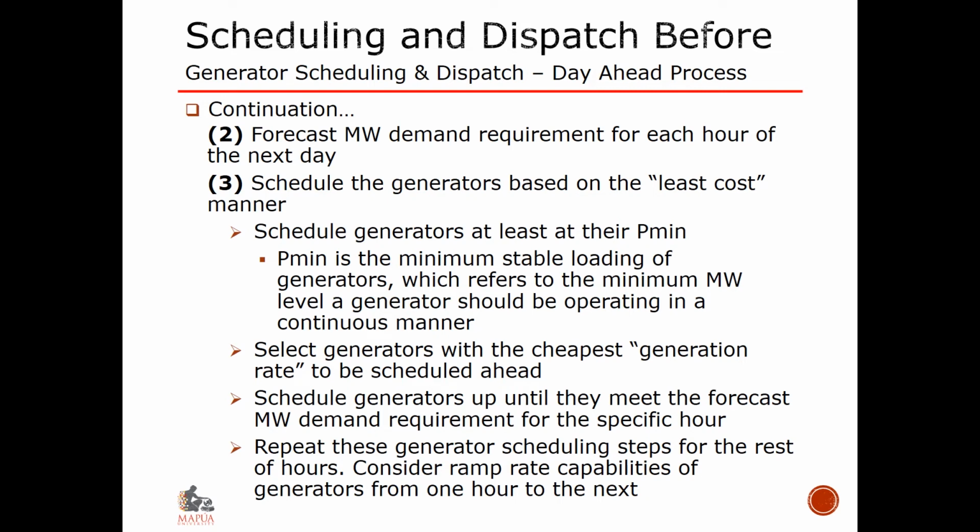Now the system planner has to consider also the ramp rates of the generators. Now if a generator, let's say, is running 3 megawatts per minute, in an hour, that's 180 megawatts. So I can't just schedule a generator. Let's say he was on shutdown on R1, then I suddenly schedule him at 300 megawatts.